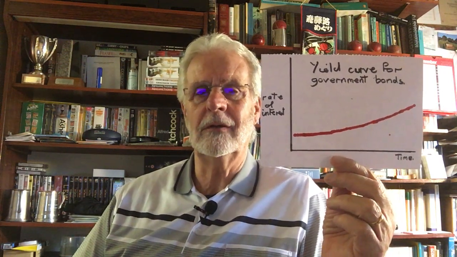And they're called expectation theories. If people expect things are going to get worse into the future, or interest rates are going to get lower in the future, then they might be accepting higher rates of interest yields on their bonds now, but be prepared to buy bonds with lower yields into the future.